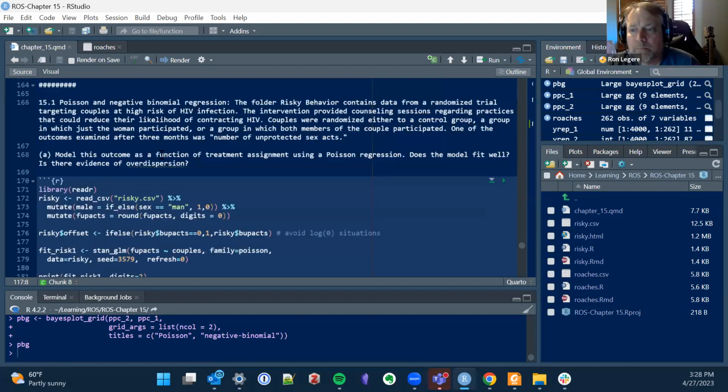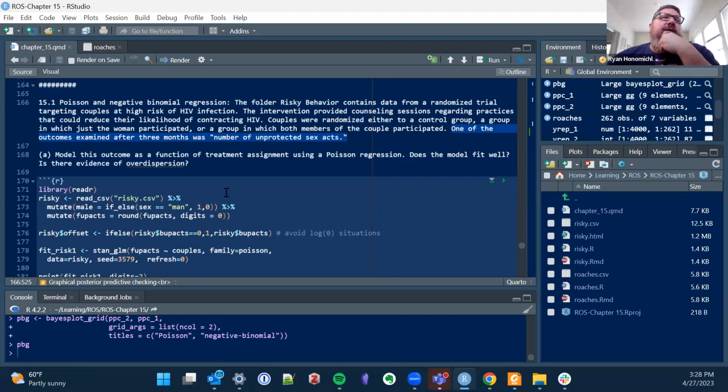It's pretty wild. This whole idea of the women only thing, I'm still trying to wrap my head around that. Basically the outcome is the number of unprotected sex acts 4 months after the intervention. So once again, we've got bounded counts.